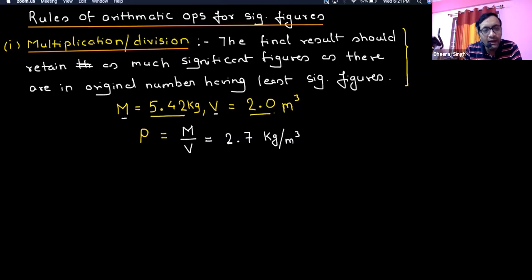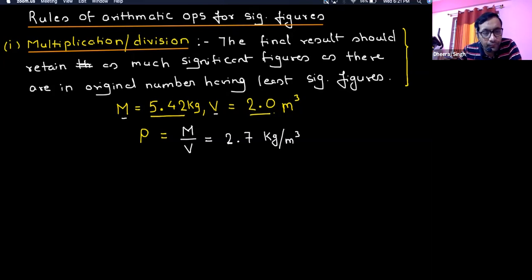This is why we have to stop at the number of significant figures of whichever original value has the least. In this case, volume has least significant figures, 2, mass has 3. So mass divided by volume should have only 2. The least one is for the volume. I hope everyone is very clear.